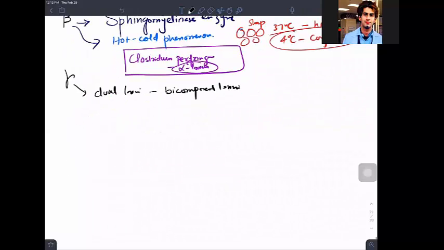It has two components, so it has two properties. It has a property to damage the membrane. Let us write: membrane destruction property.